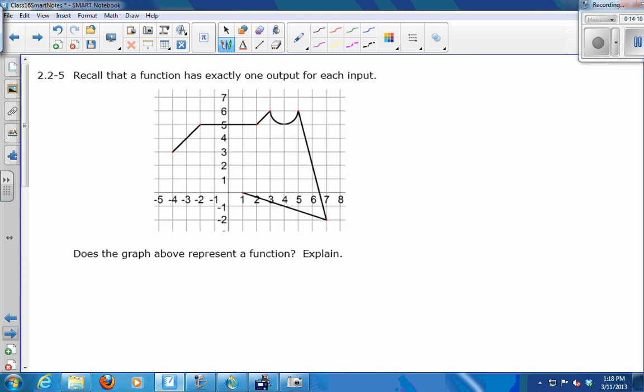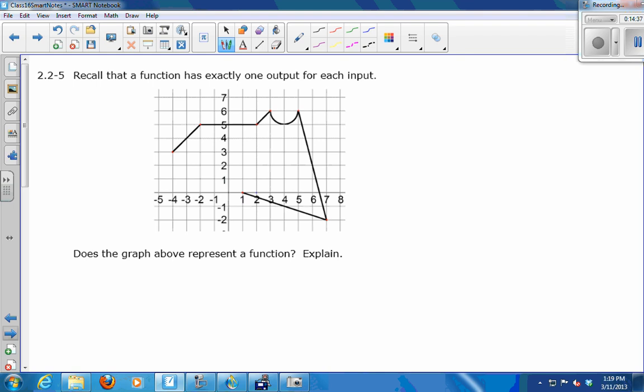All right, so remember the definition of a function is that each input creates exactly one output. So does this graph represent a function? Are there any inputs that give more than one output? What's one?